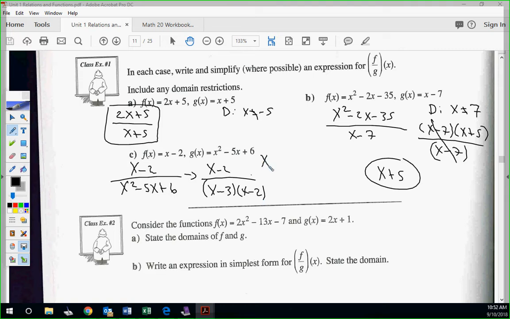So domain restrictions of 3 and 2. You can just put a comma, just like that. It's fine. Okay, the x minus 2's cancel. So the simplified is 1 over x minus 3.